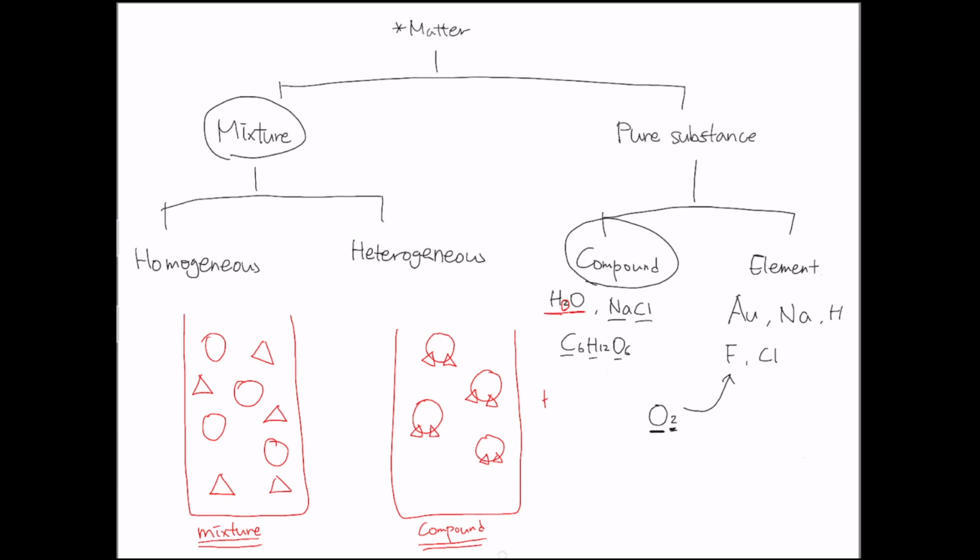If we have like 3 hydrogen and 1 oxygen, that's not water. So in order to be water, it has to have 2 hydrogen and 1 oxygen. So it has a specific ratio to it. That's one big difference between compound and mixture. So for the compound, by the law of definite composition or proportion, they have to have a specific ratio to each other.